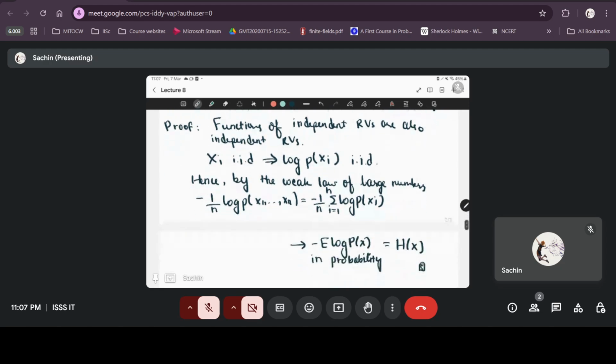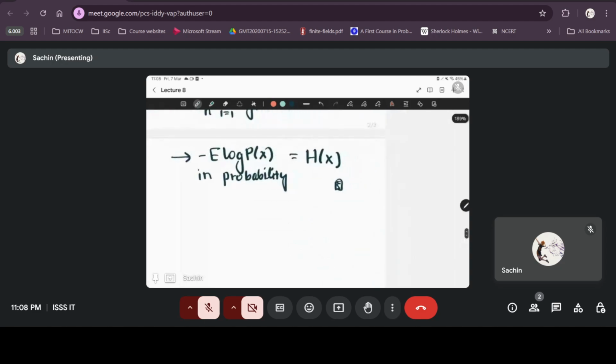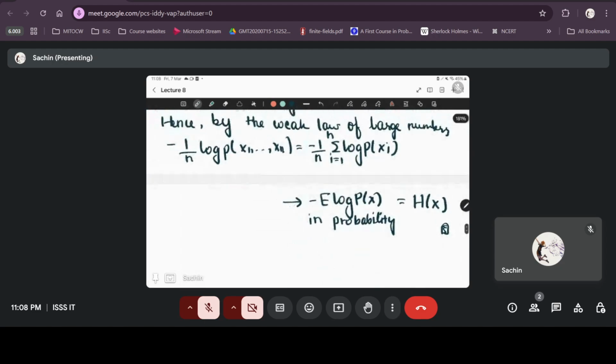So what is hiding in this proof is the following.